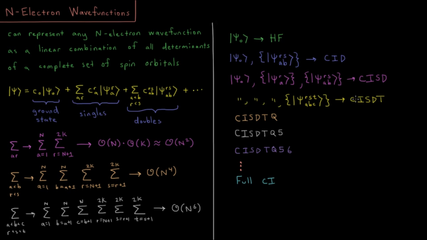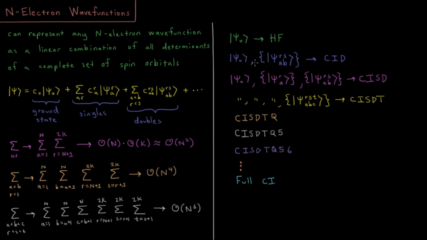Pretty much if you're going beyond CISDTQ, you're probably going all the way up to where you do all possible excitations up to the M-fold excitations, where you're exciting all electrons, where you're going up to what's called full CI, or full configuration interaction. So that's where you include all possible combinations of electrons in different spin orbitals, including all of the exponential or factorial number of possibilities of arranging different electrons in those different determinants.